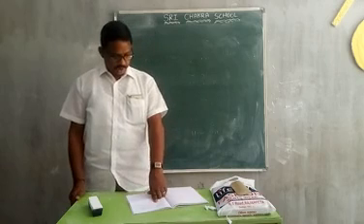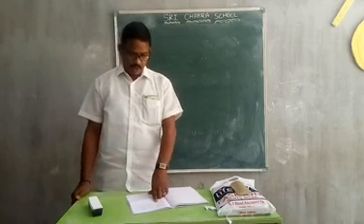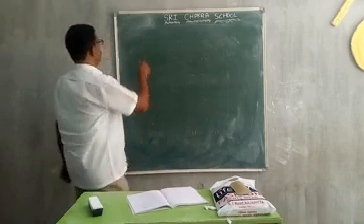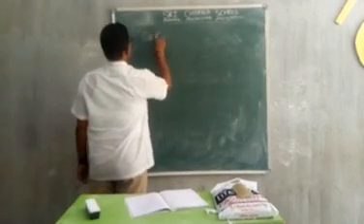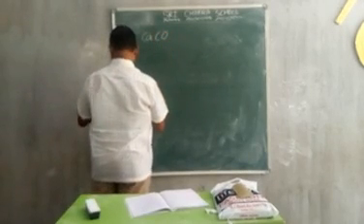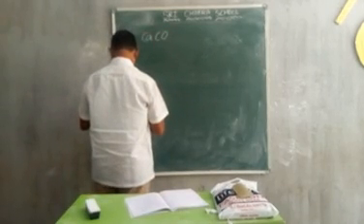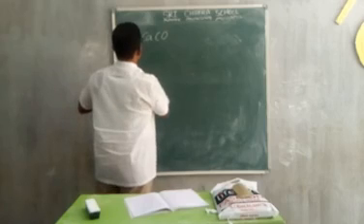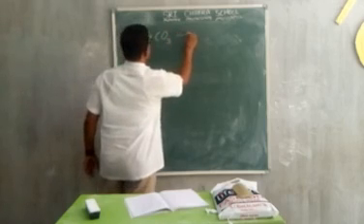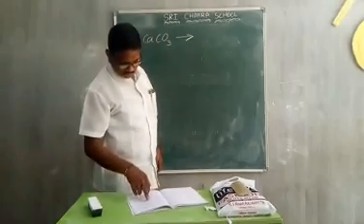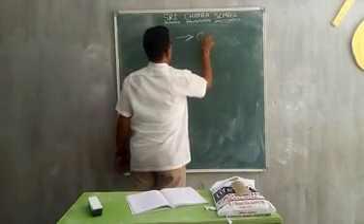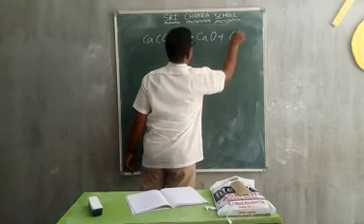Next, what are the reactants in the below equation? The equation is CaCO3 gives rise to CaO plus CO2.